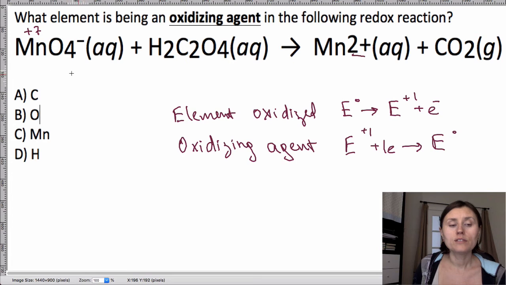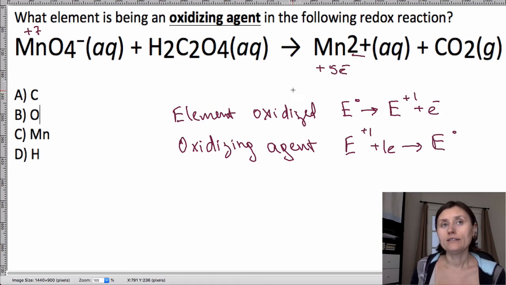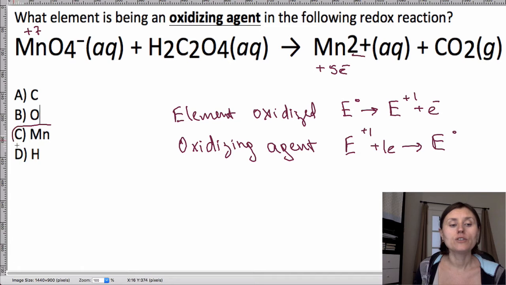So manganese is the one that actually gained 5 electrons. And that's the one that made carbon lose the electron. So this way the answer is C, manganese.